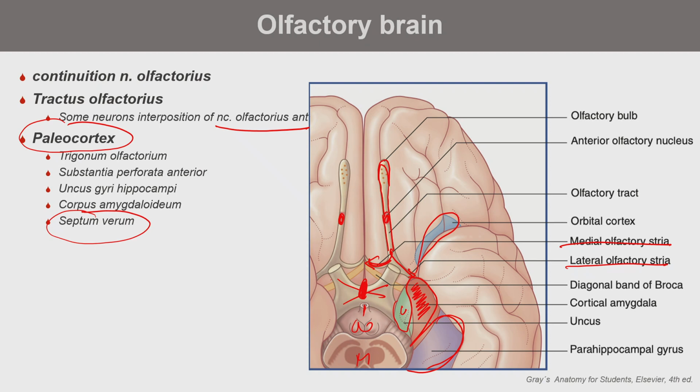And probably you have remembered that there is a space where we have organum vasculosum, and then also there are nuclei of hypothalamus where vasopressin and oxytocin are secreted.